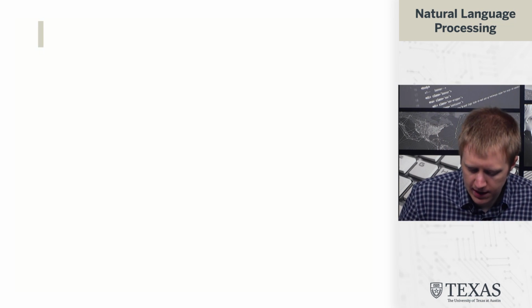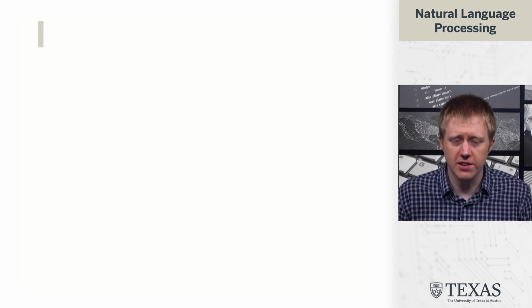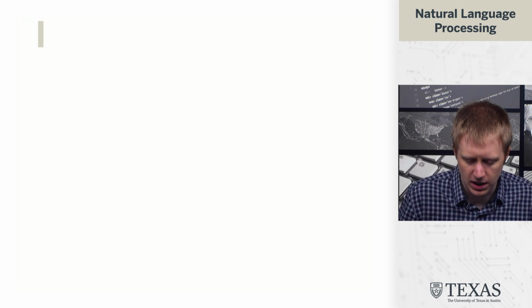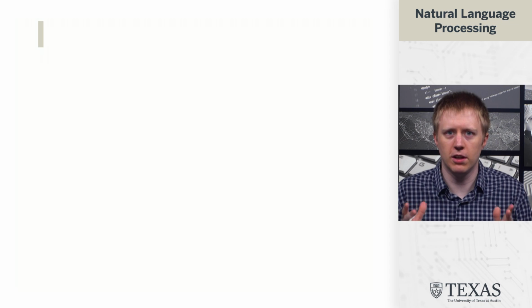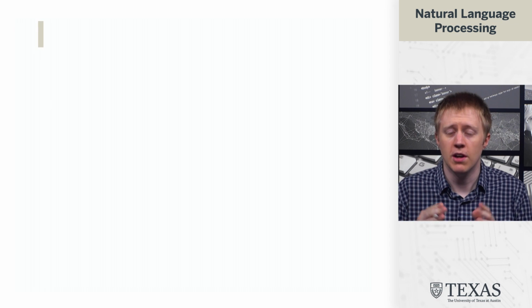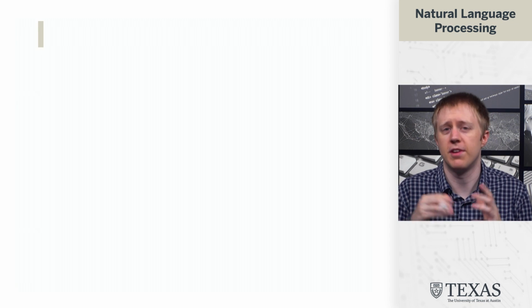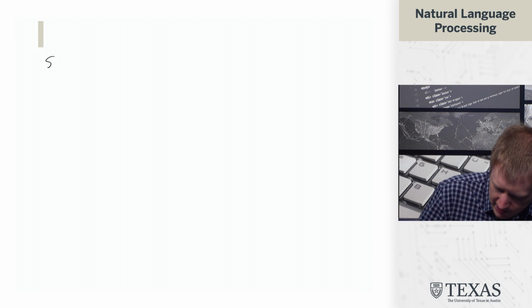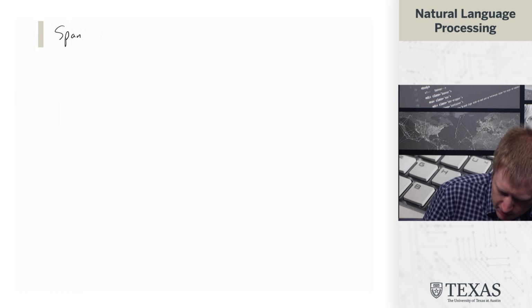So this is where neural nets come in, and we are also going to try to make our framework a little bit more general than tying it to sliding windows or syntactic constituents. So this gets us into the span extraction paradigm that we mentioned earlier.